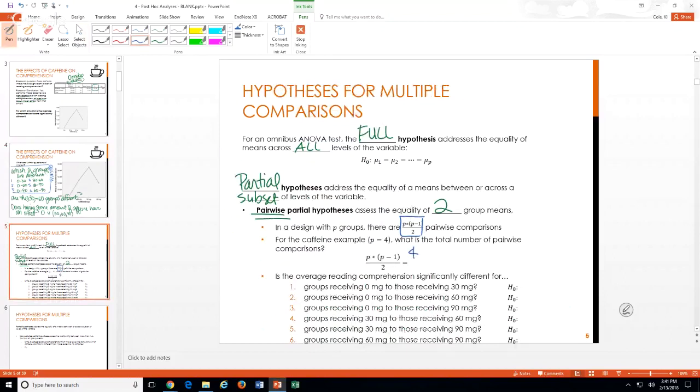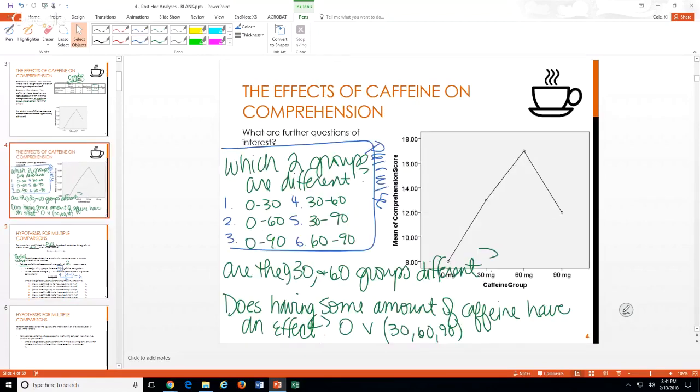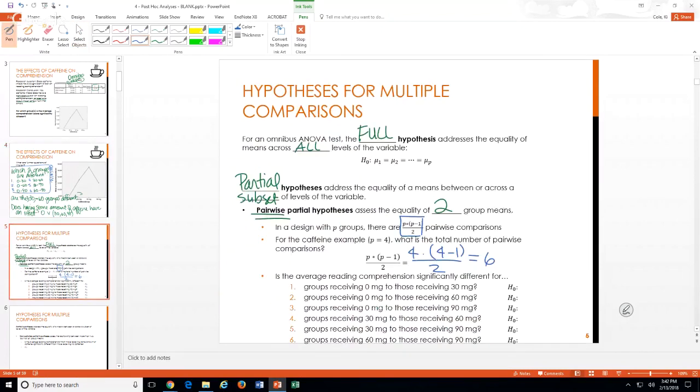What is 4 times 4 minus 1 over 2? 6. And how many pairwise comparisons did we have? 6. So anytime you're doing pairwise comparisons and you wonder how many there are going to be, we can just use this little formula to determine how many pairwise comparisons there would be in any study. And again, that would be comparing 0 to 30, 0 to 60, 0 to 90, et cetera.